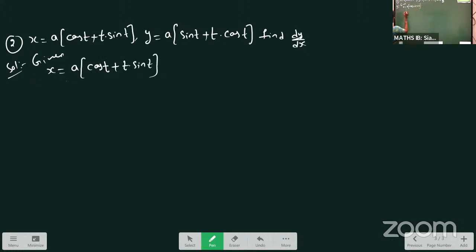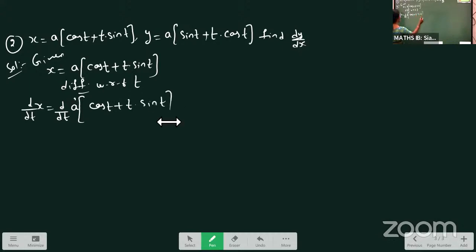We have to differentiate with respect to t because x is in terms of t. So d by dt of x is equal to d by dt of a, which is outside, into cos t plus t into sin t. If you observe, cos t is single but t into sin t is a product. Apply the UV rule here.